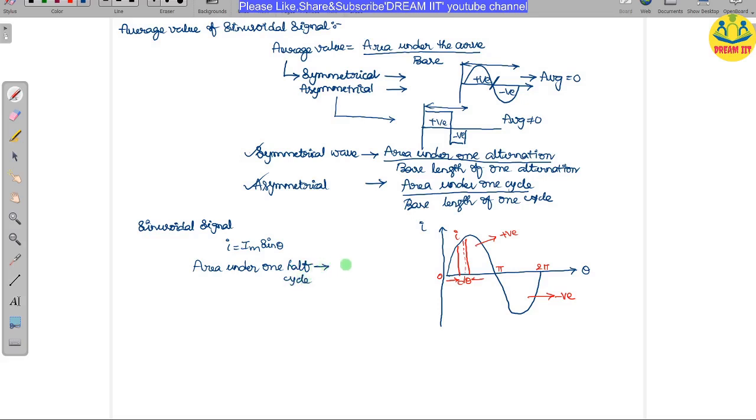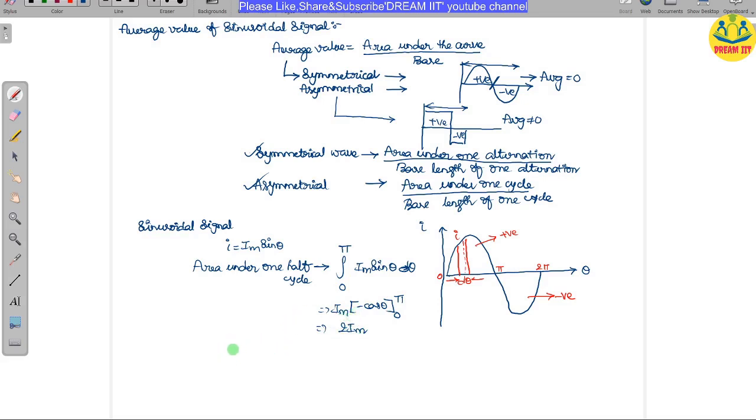The mathematical tool we can use is integration. I integrate from 0 to pi, since it is enough for half a cycle: the integral of Im sin theta d theta. The integration of sin theta is minus cos theta. If you apply the limits 0 to pi, finally you will get 2 times Im.